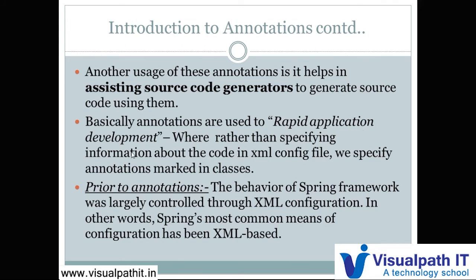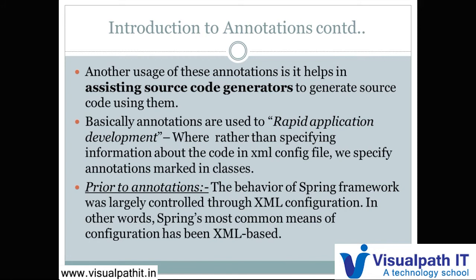When we specify the information about the code in the XML configuration file, that is what we were doing previously. Here, rather than doing that in the XML configuration file, we specify the annotation, like @WebService, @EJB, @Override.